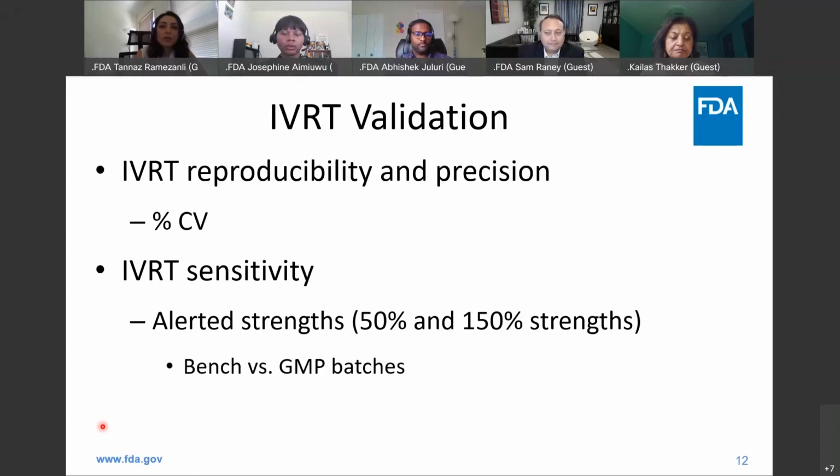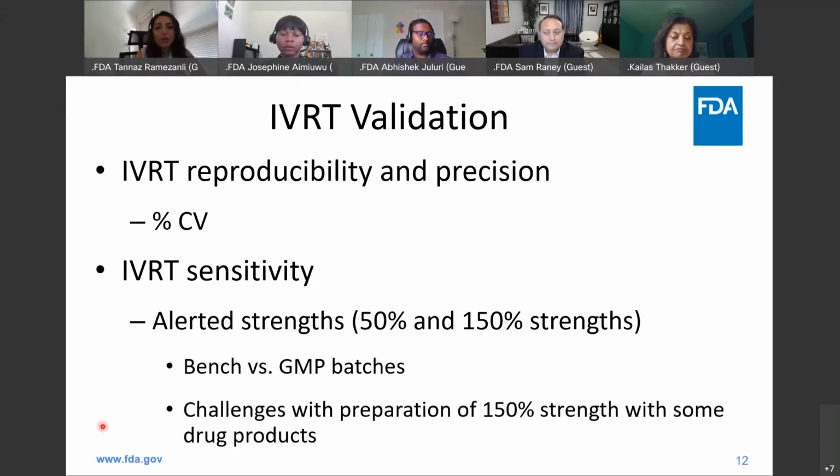So IVRT sensitivity is expected to be performed using a lower strength and a higher strength, and we recommend the lower strength to be not less than 50% and the higher strength to be not more than 150%. We have some graphical demonstrations in the coming slide that I think we can talk a little bit about, the challenges to passing the sensitivity of 150%.